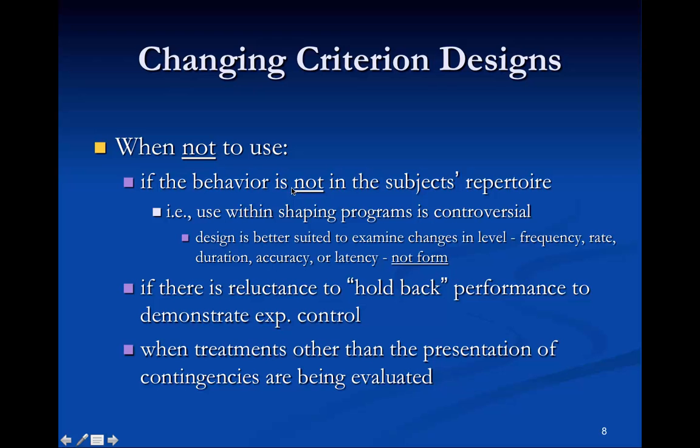Obviously, you can't use it if it's not in the person's repertoire, or sometimes if you have a reluctance to hold back performance. That is, you wouldn't want to do this with a dangerous aggression or self-injurious behavior, for example, because you don't want to just gradually change that. You want to really try to eliminate it as quickly as possible.